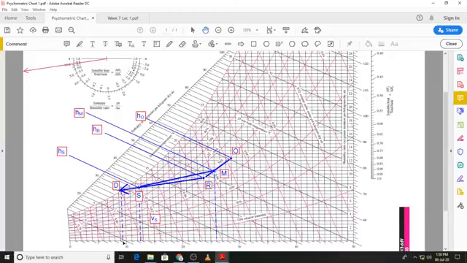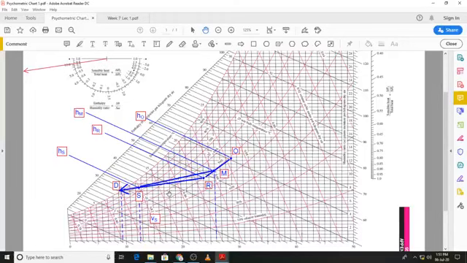Remember, the bypass factor is the ratio of the bypass effect to the ideal cooling range. If I look at this diagram, previously we had used numbers like T1 and T2 or TD for that. Now we have letters, so we can use those letters to represent the bypass factor. In the numerator you show the bypass effect, which will be the temperature difference between state S and state D, so it will be TS minus TD.